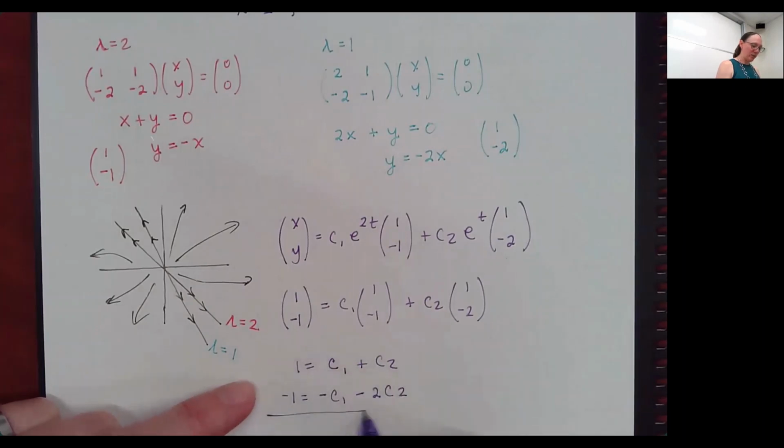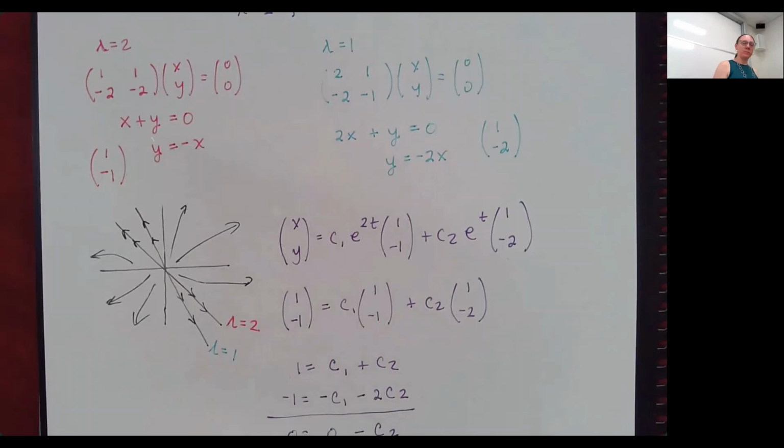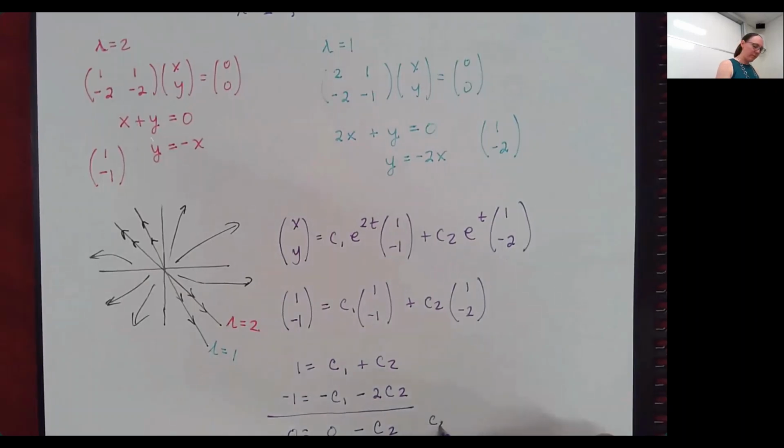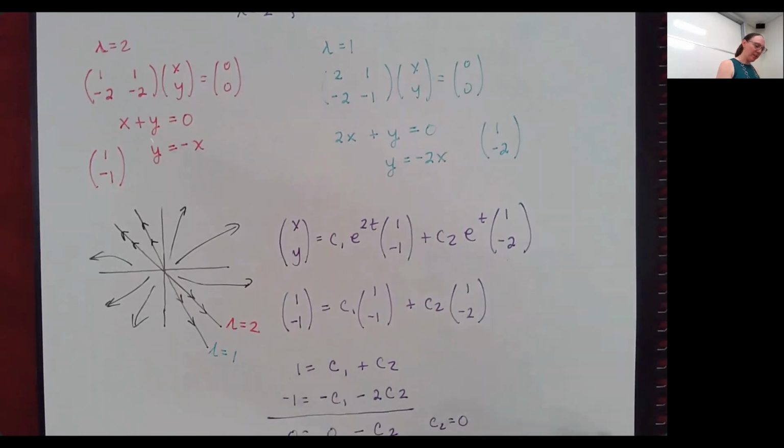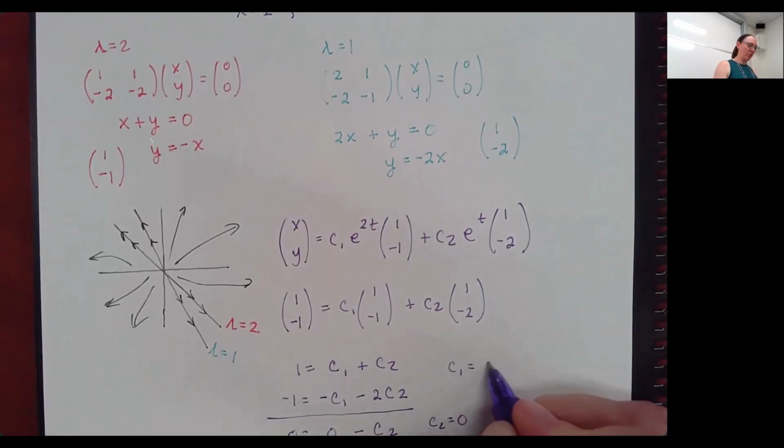So if I just add those together, I get that c2 is 0. And if c2 is 0, then looking at the top equation, c1 must be equal to 1.